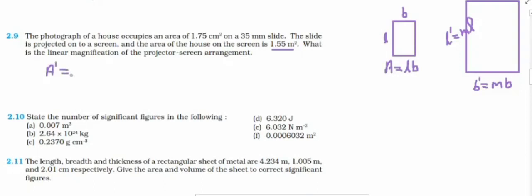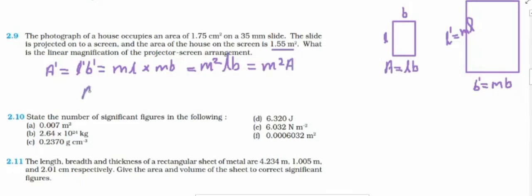A dash is equal to L dash into B dash, which is ML into MB, which is equal to M square into LB, and LB is again A.